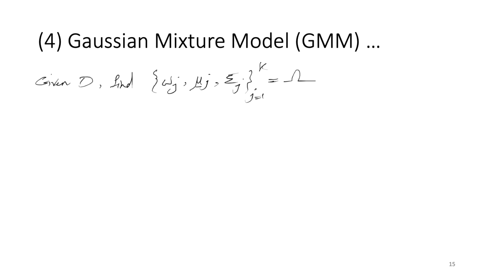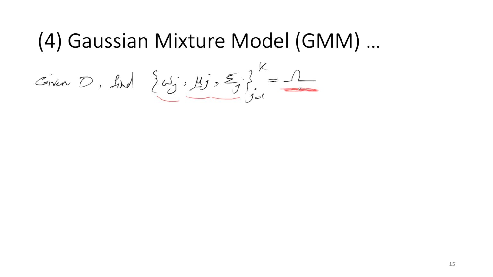All right. So now, given our data set D, which we don't have any label for, we have a bunch of x's in vector space. So what we need to do is find our hyperparameters, right? Our parameters that we need, because this is a parametric model: wj's, muj's, and covariance for all the j's from 1 to k.